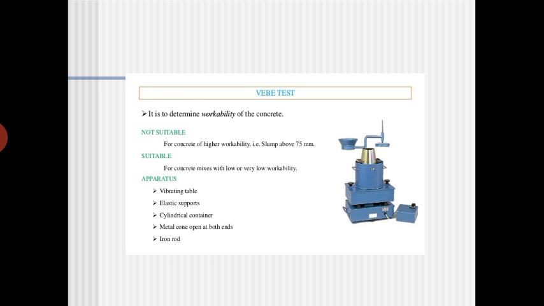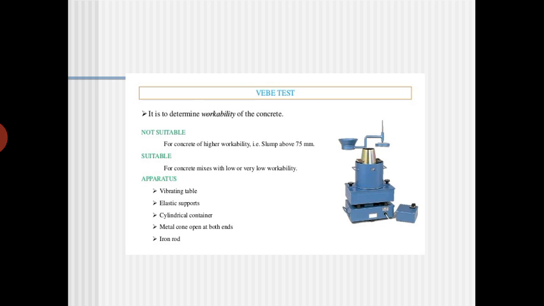Sometimes if the water to binder ratio is increased, you cannot see that kind of structure. So then, immediately remove the top plate of the cylinder, and slowly the concrete will settle in the cylinder.